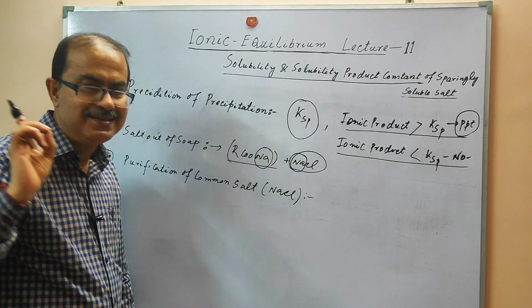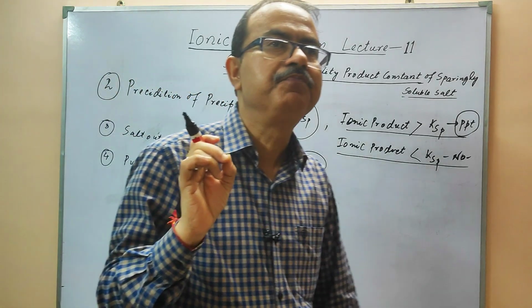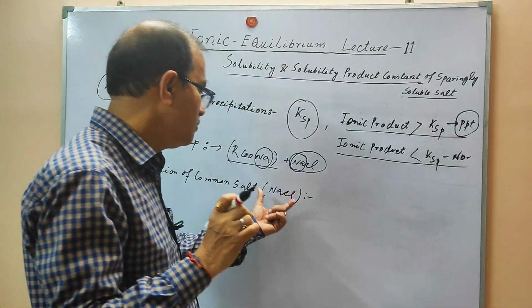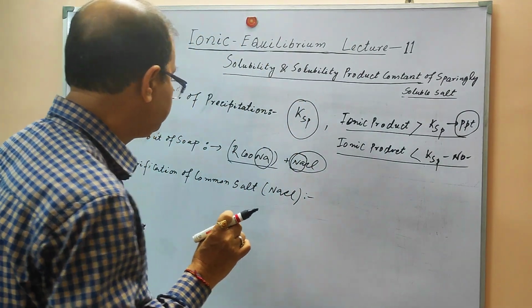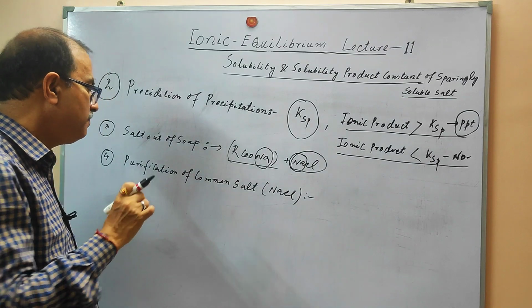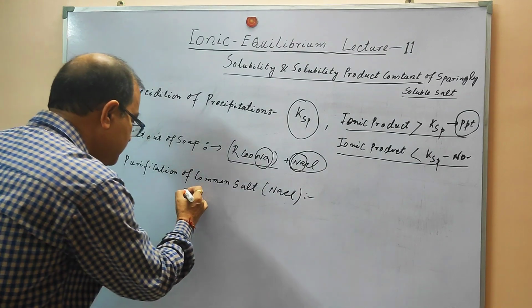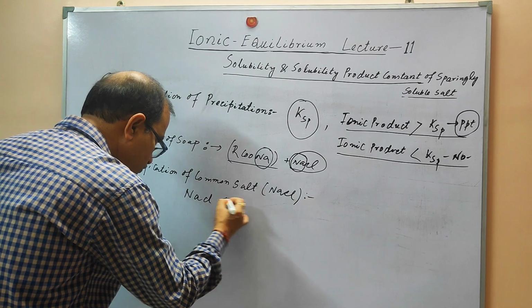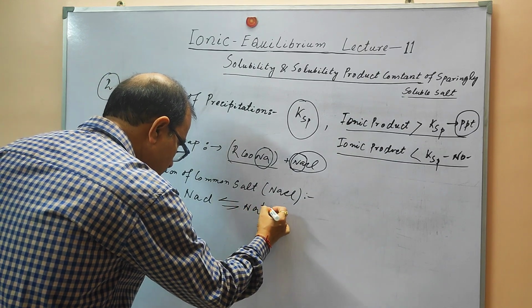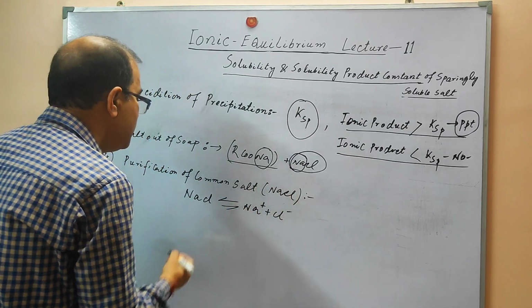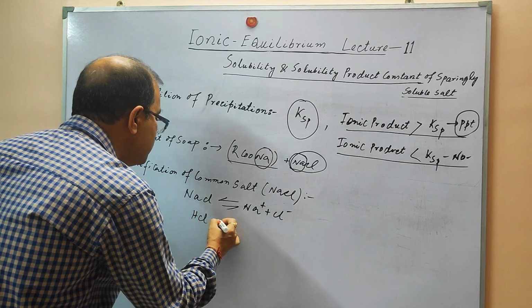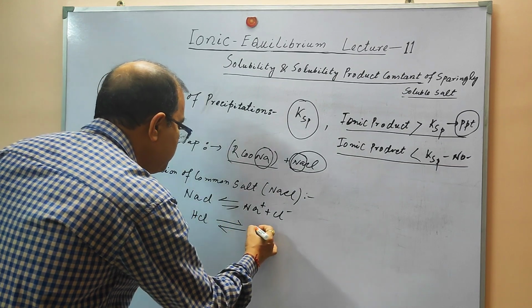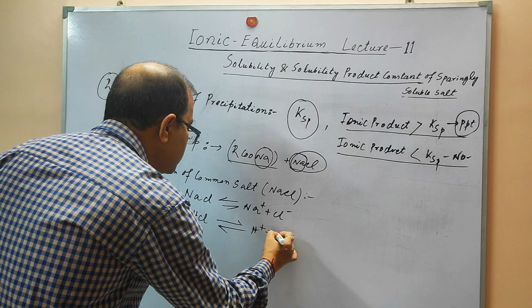If we pass HCl gas through a solution of NaCl, what is going to happen? The reaction will go in the reverse direction. That is the dissociation of NaCl, and when we pass the HCl, it will give H+ and Cl- ions.